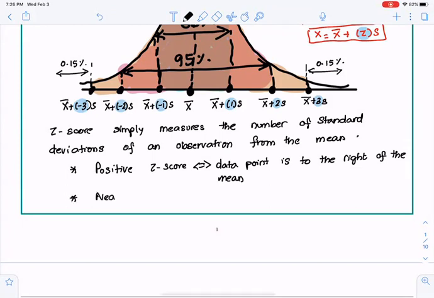A negative z-score would mean that the data point is to the left of the mean.